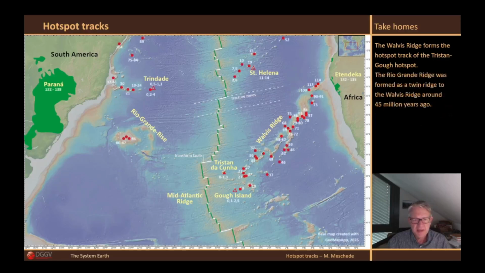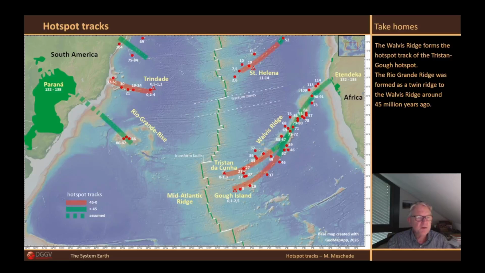Here you can see the age data that were determined from samples from the seamounts. The closer we get to the Etendeka Plateau in Namibia, the older are the rocks. In general, an age trend becomes apparent that continuously increases from the islands to the plateau.